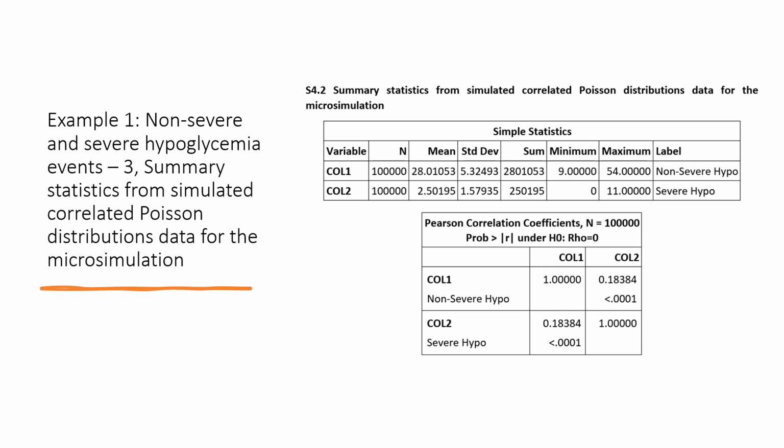We also simulated correlated Poisson distribution data for the counts of non-severe hypoglycemia and severe hypoglycemia events in hypothetical individual patients in microsimulation to capture individual variability. In addition, probabilistic analysis and microsimulation are sometimes also referred to as second-order and first-order Monte Carlo simulations, respectively.